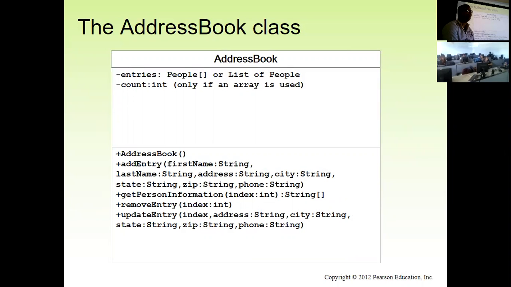And then if we use an array, then we might want to maintain a count of how many persons are in that array. Yes? And then we can write the other methods that are going to allow us to perform the operations as we previously determined, like add entry, delete entry, and so on and so forth. Okay?